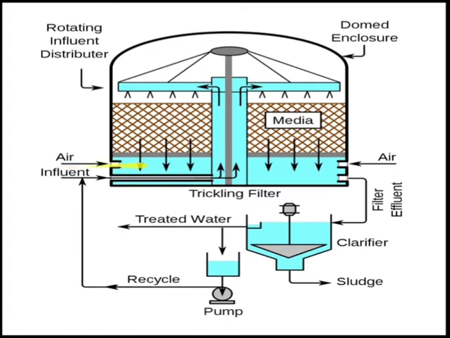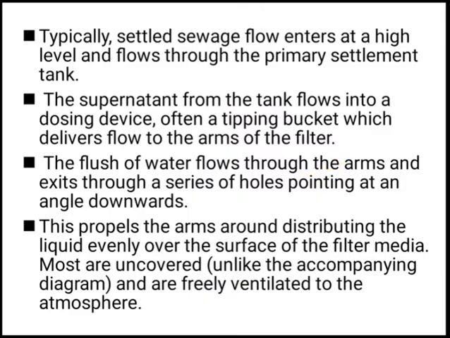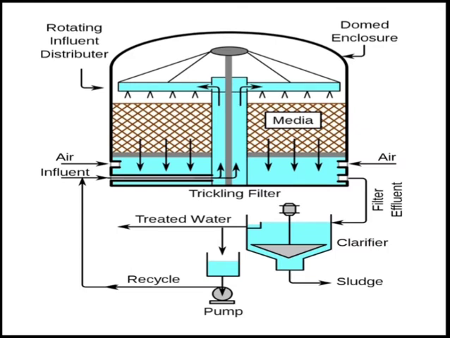From here the air or oxygen is bubbled, and the influent comes into the system, passes from this side and the left side, and then it passes over these beds, and then again air is bubbled to this side also, and the separated particles are collected in a different way, and the water is collected in a different way.